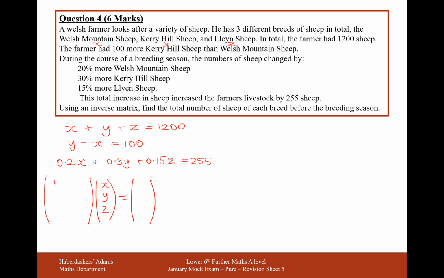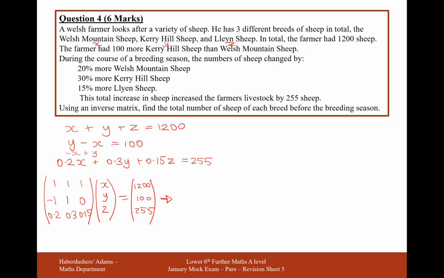So the first one is nice and easy, 1, 1, 1. The next one, we're going to have to swap these around a little bit. It's effectively minus X plus Y. So this is minus 1, 1, there's no Z's, so we'll just put a 0 there. And then the decimal multipliers come in, 0.2, 0.3 and 0.15. And on the other side of the equations, we're going to get 1200, 100, and 255.